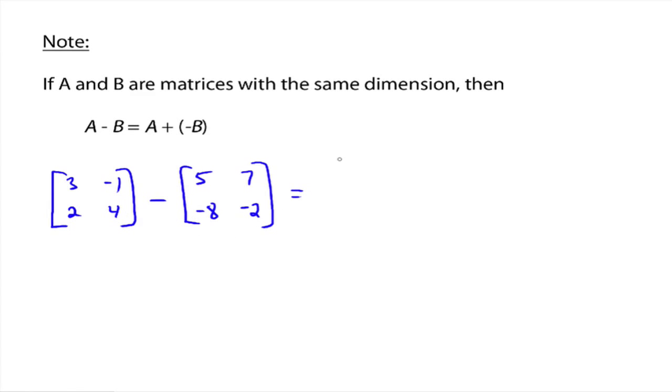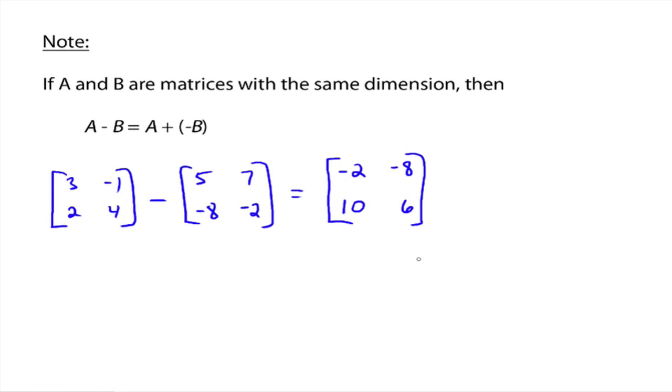Or you can just subtract right away. 3 minus 5 would be a -2. You just have to be careful of the signs. -1 minus 7 would be a -8. 2 minus a -8 is a 2 plus 8, and so that would give you a 10. And then 4 minus -2 is 4 plus 2, which would give you a 6.